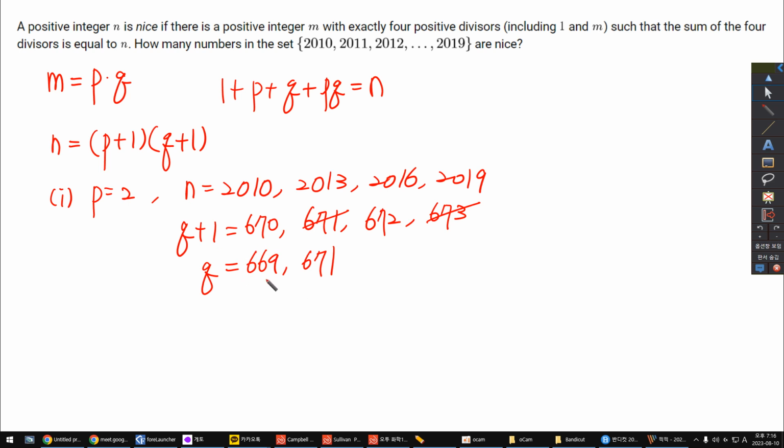So is 669 a prime number? 669 is not a prime because that's a multiple of 3. How about 671? Is 671 a prime?